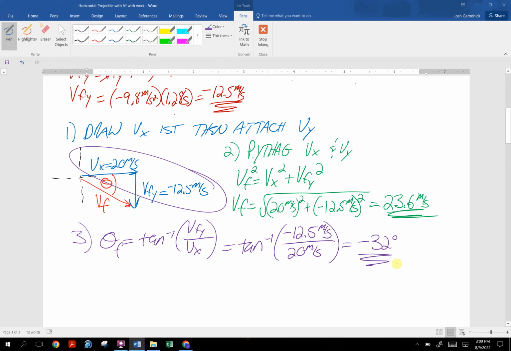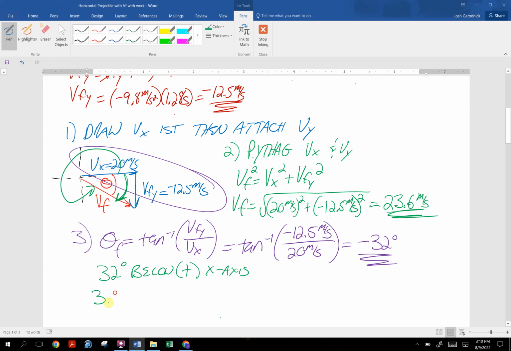Okay, we need to talk about that negative 32 degrees. That negative 32 degrees is actually the angle measured this way below the x-axis. Now, I would accept 32 degrees below positive x-axis as an answer. That's fair. Another option is just to measure the angle counterclockwise from 0.